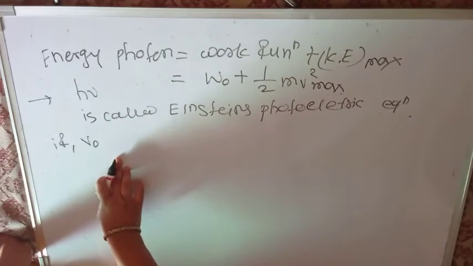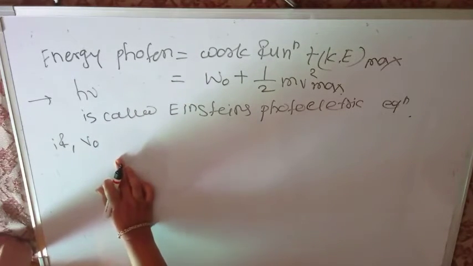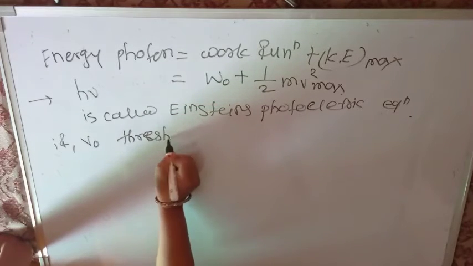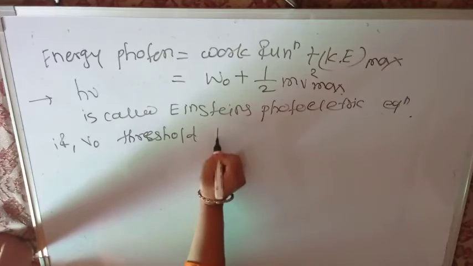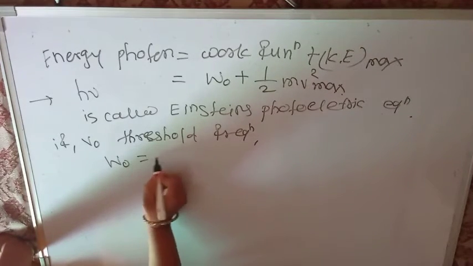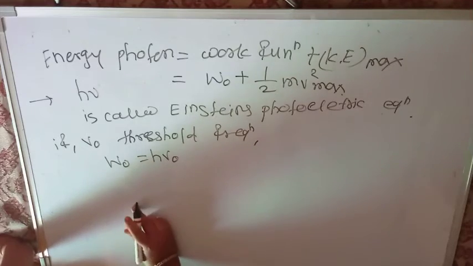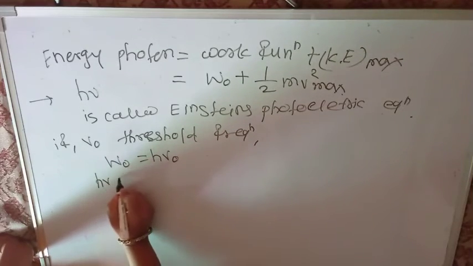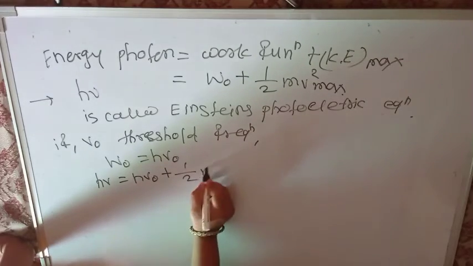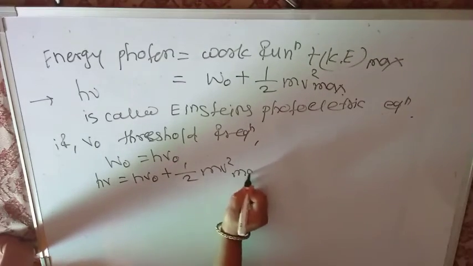Okay, now consider ν suffix 0, the threshold frequency. Now W0 is equal to hν0, so hν is equal to hν0 plus half mv square max.